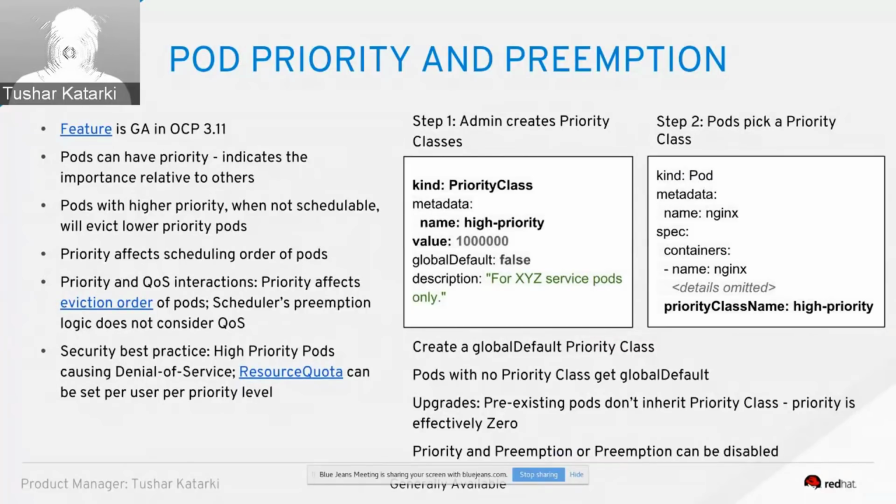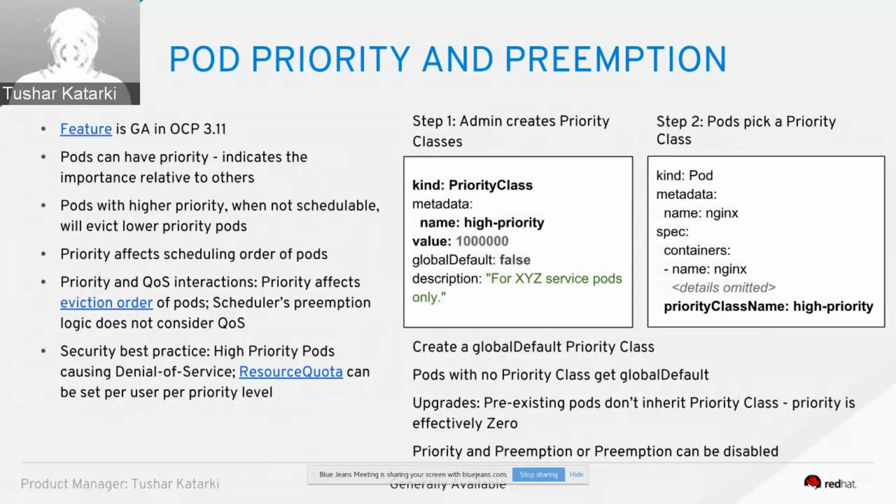So a pod with a higher priority, when it gets to the scheduler for scheduling, if it is not able to schedule because there's no capacity, then a lower priority pod is evicted. So it does two things. One is it affects the scheduling order of the pods, and then it affects the eviction order of the pods. So a pod with a lower priority gets evicted.